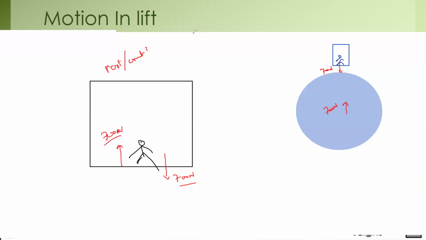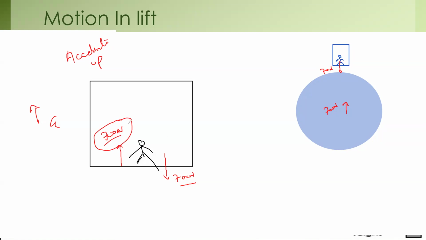Now the second example, if the lift is accelerating upward, you need a resultant force upward. So if you need a resultant force upward, what will happen to the normal contact force? The normal contact force is 700 Newton.